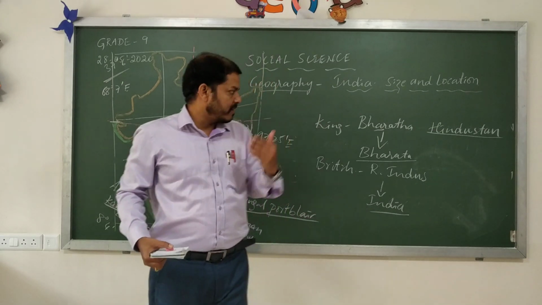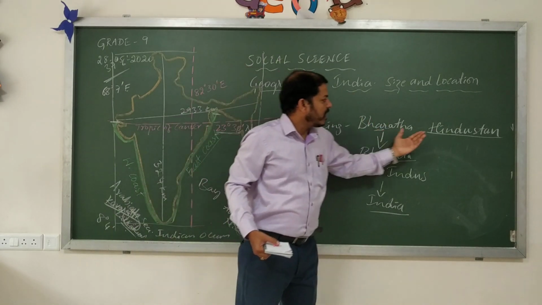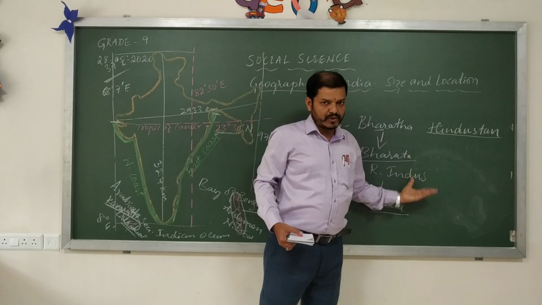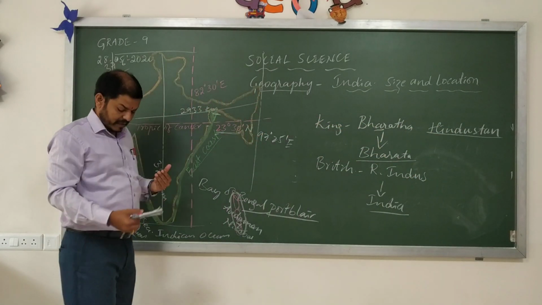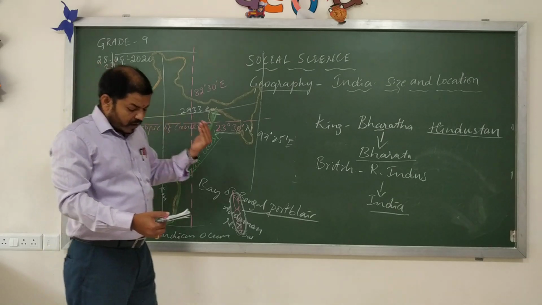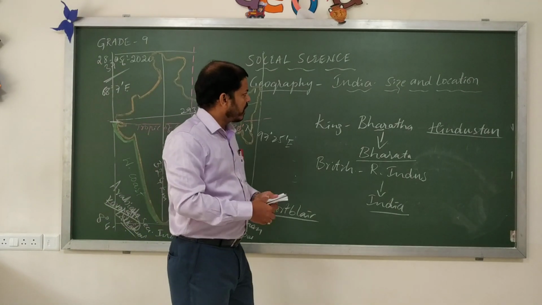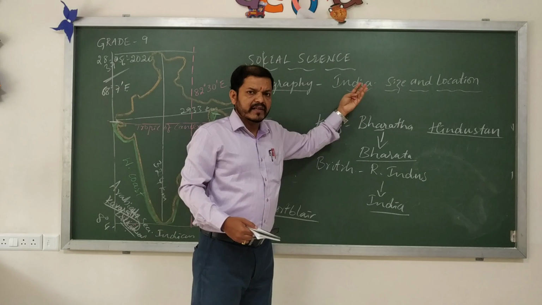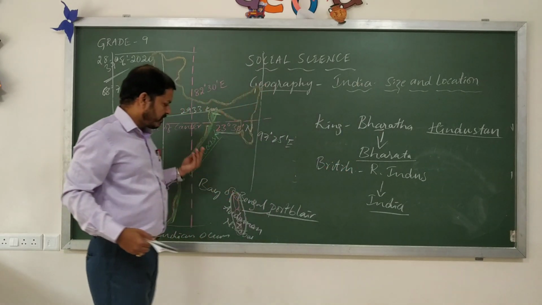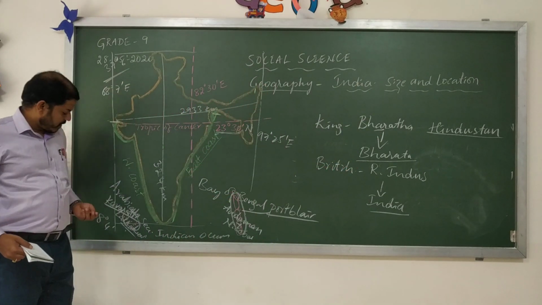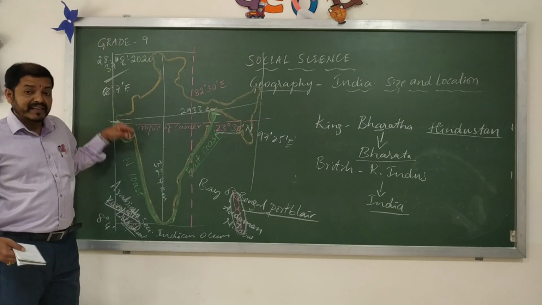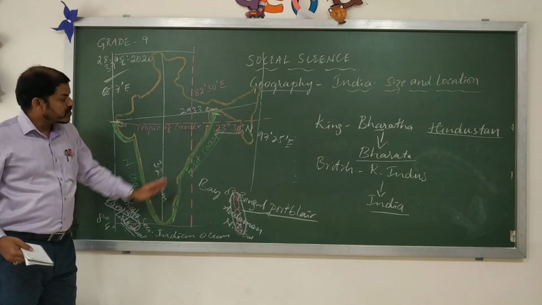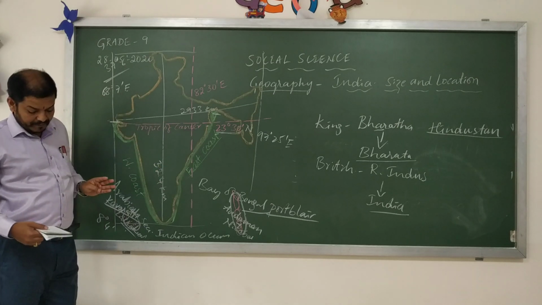The Hindus are the majority here, so we call our country Hindustan too. Based on different sources, there will be different names. So these are the things we studied: India, its size and location, different names, the Andaman Nicobar groups and the Lakshadweep Islands, total length and width, coastline length and the boundary.